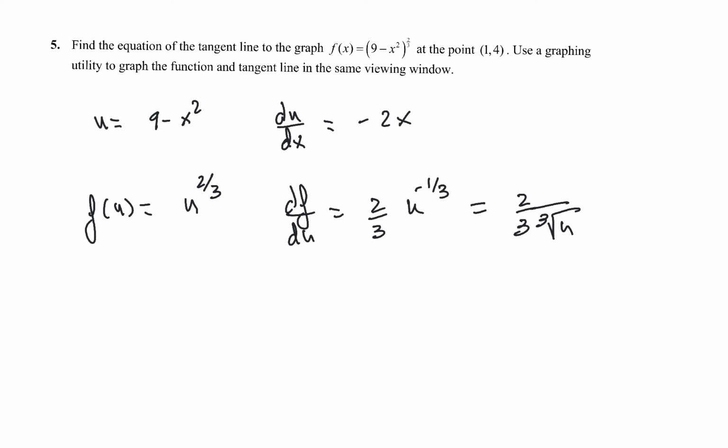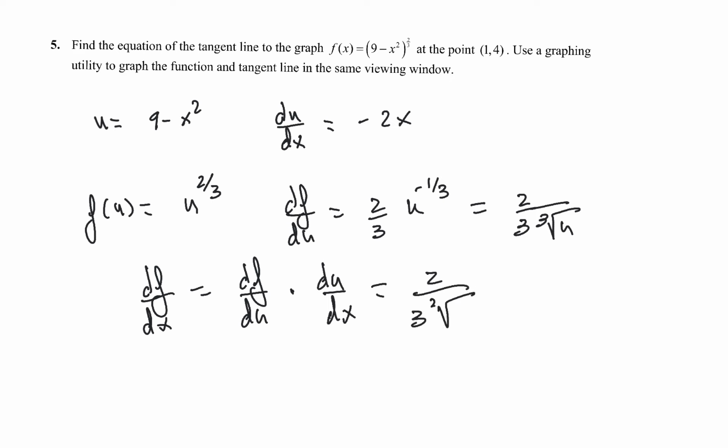So now we write our equation that says that the derivative of f with respect to x is the derivative of f with respect to u multiplied by the derivative of u with respect to x. What is the derivative of f with respect to u? It is 2 divided by 3 times the cubic root of u.